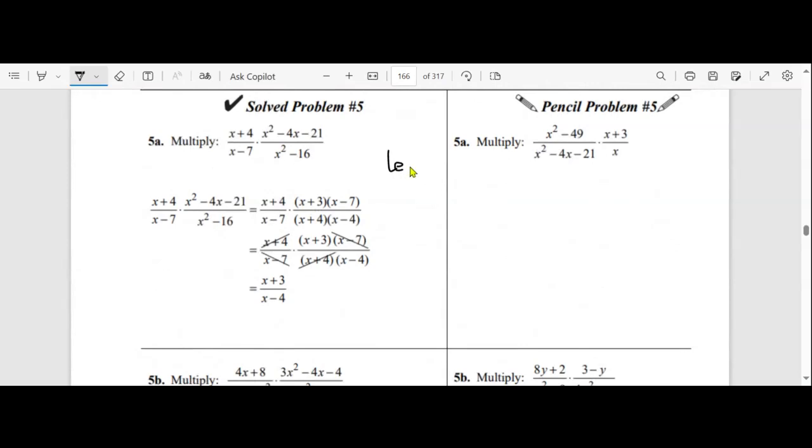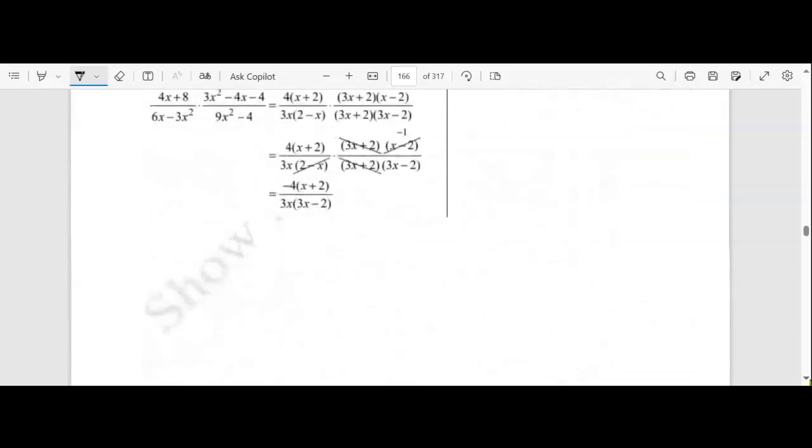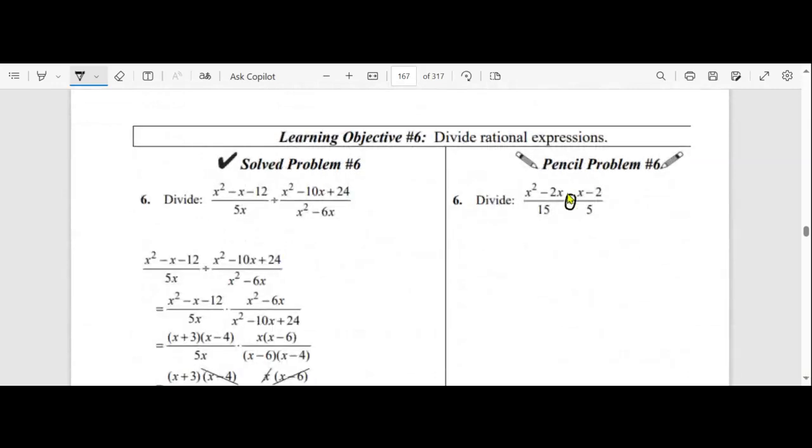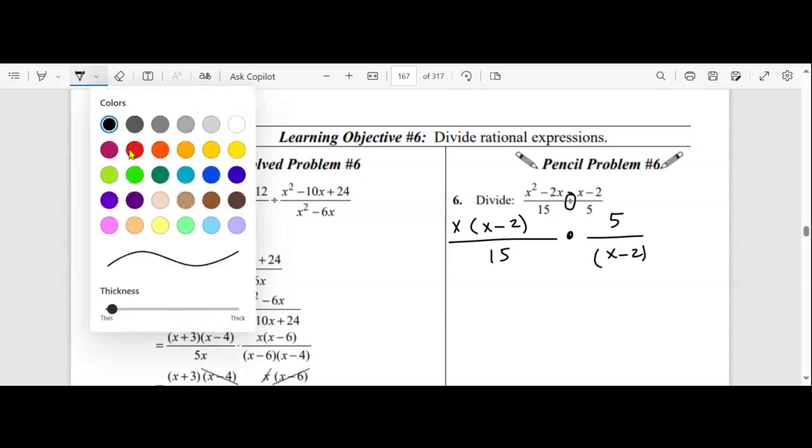I will leave this one to you as classwork. All this multiplication, I will leave it to you. I'm going to do the division. The division will turn into multiplication: you have to flip it. And then you have to factor this. If you factor this, you take the common factor, so it's going to be x minus 2 over 15.